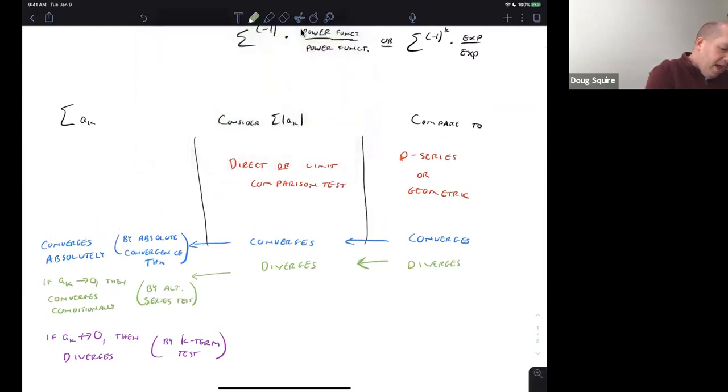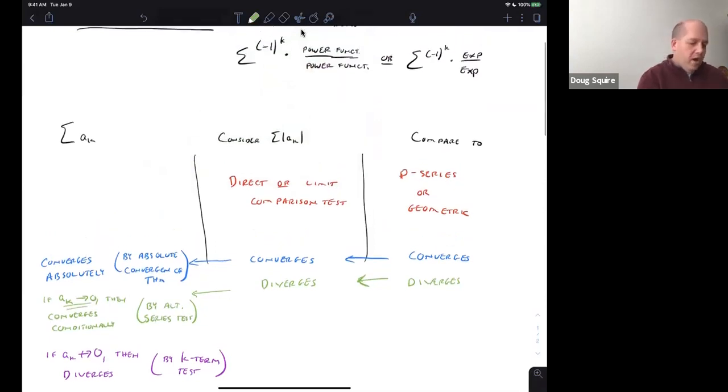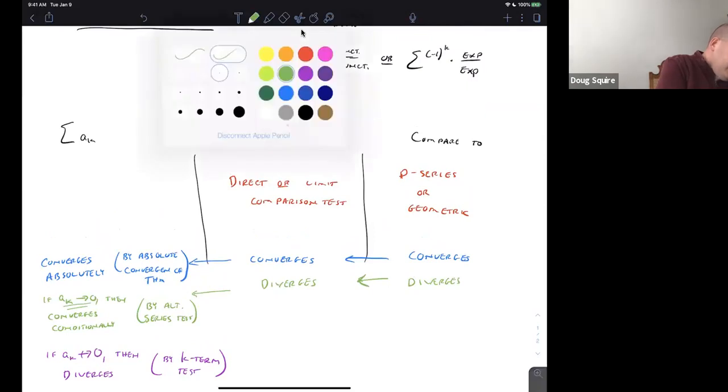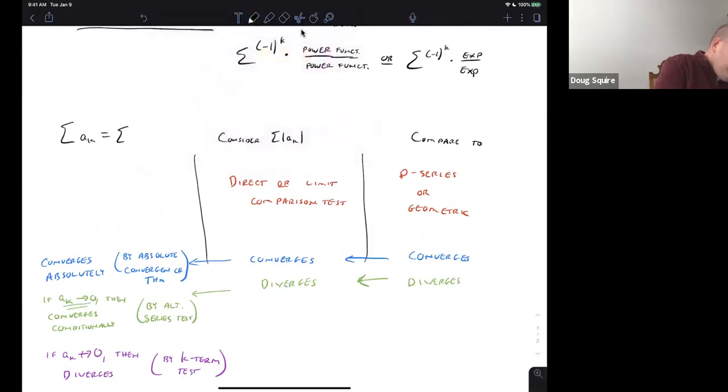So when we say if a_k goes to 0, that's one of the three conditions. The three conditions on the alternating series test are, first, the b_k part. a_k is the same thing as -1 to the k, or some alternating term, times b_k. The alternating series test says that b_k needs to be positive.